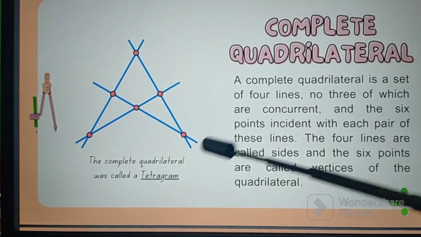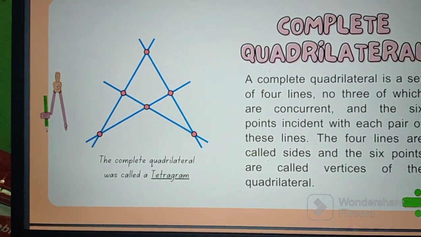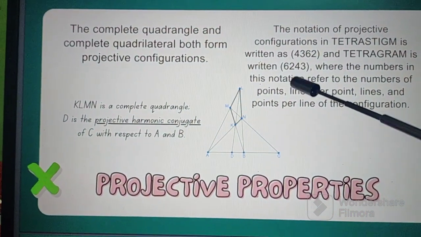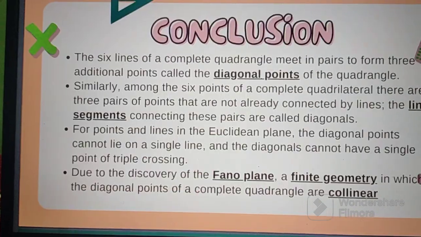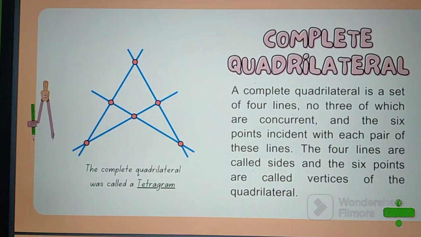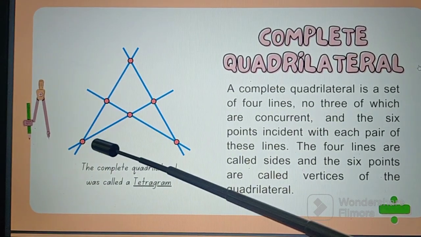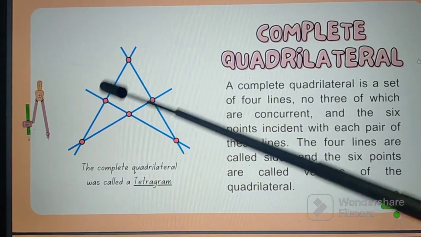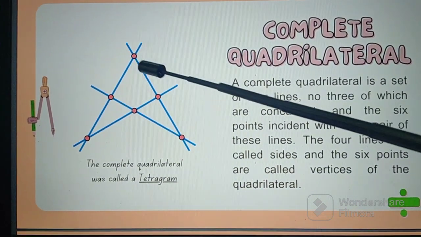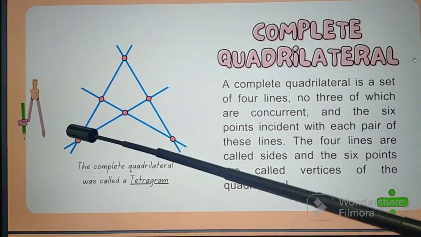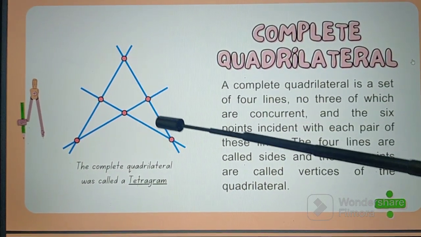In the tetragram, the second figure, we have 6 sub 2 and 4 sub 3. Same pattern: points, lines in a point, lines, points in a line. There are 6 points, and then 2 lines in a point, and there are 4 lines.